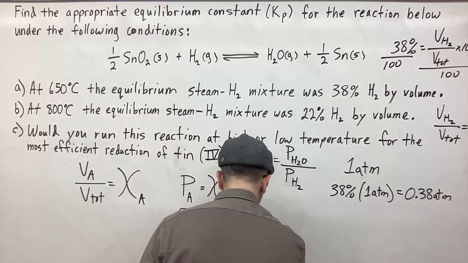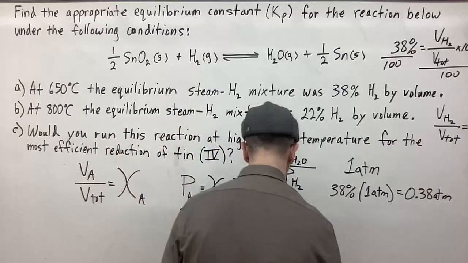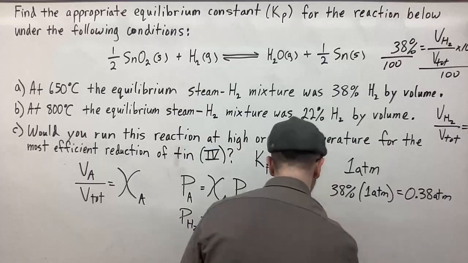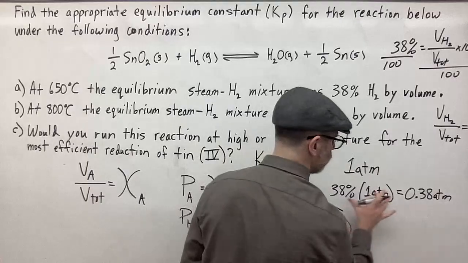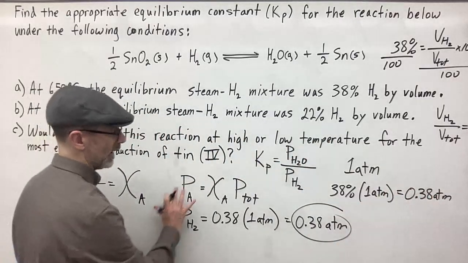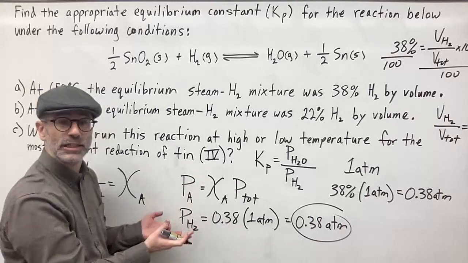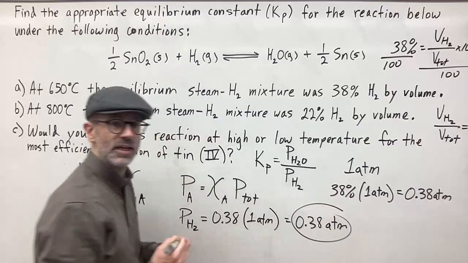So 1 would be the simplest. So therefore, the pressure of H2 is going to be equal to 0.38 atmospheres. So that's pretty much what I was showing here, but I used it in this example to use the equation to clearly show where I got that from. So hopefully this makes sense.